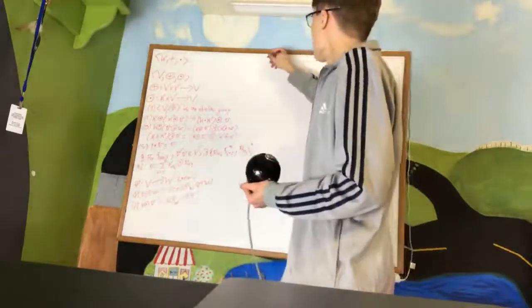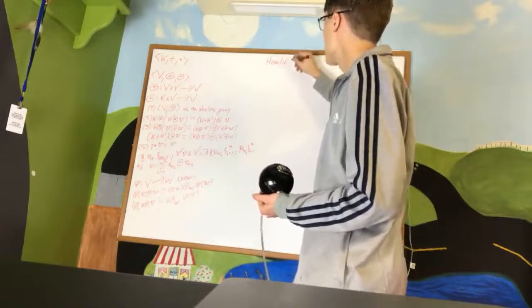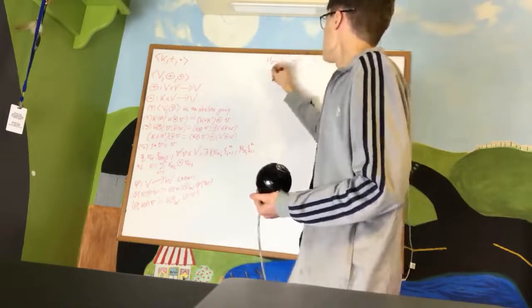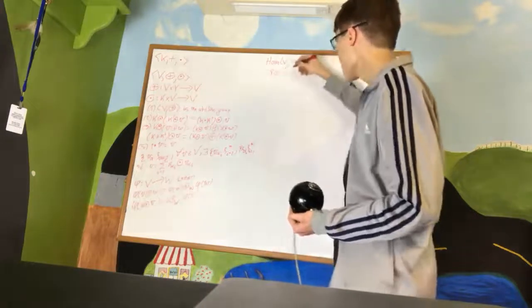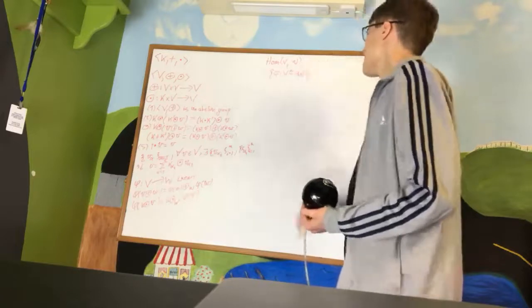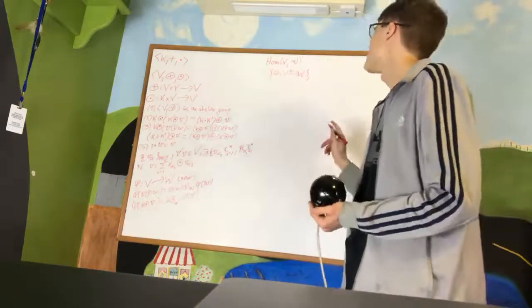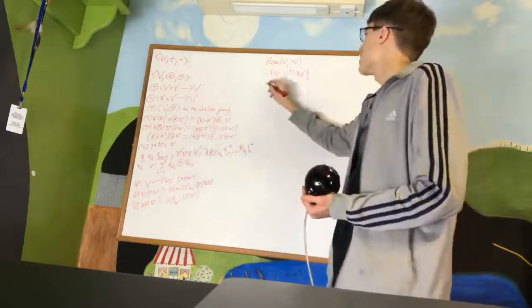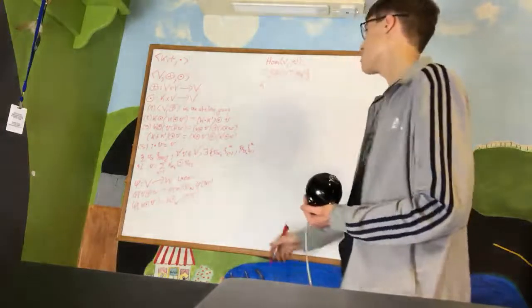Now, the Hom set between two vector spaces V and W is equal to the set of all linear maps between V and W. And I'm going to write a little tilde over the arrow if it is a linear map. Fun fact, a field is a vector space over itself.